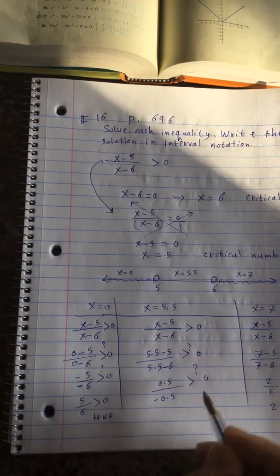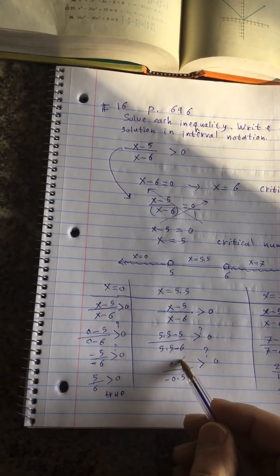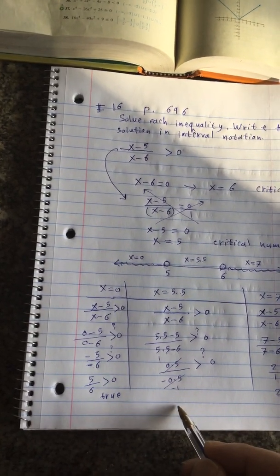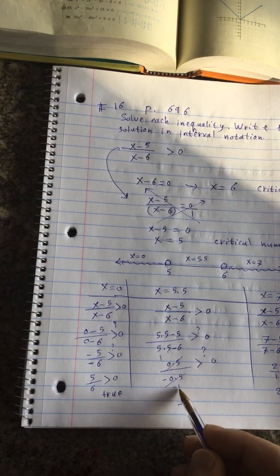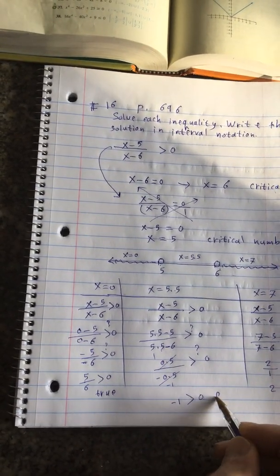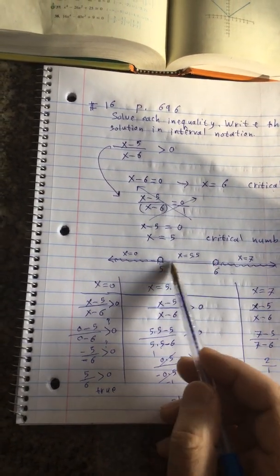So here divide by 0.5. So we get negative 1. 1 divided by negative 1 is negative 1. Greater than 0? No. This is false statement. So this interval is not a solution.